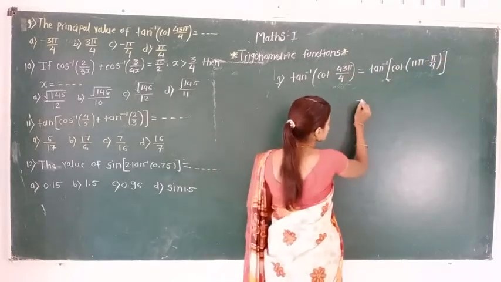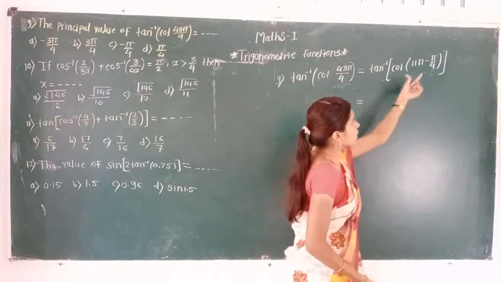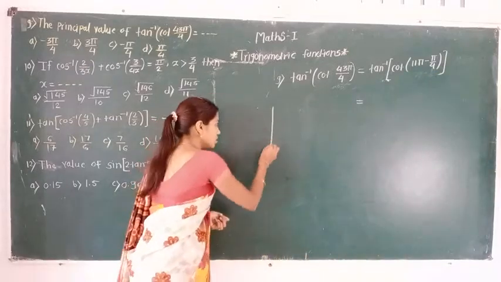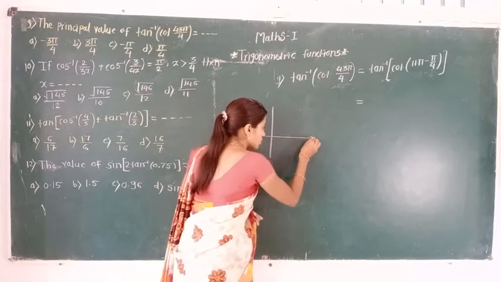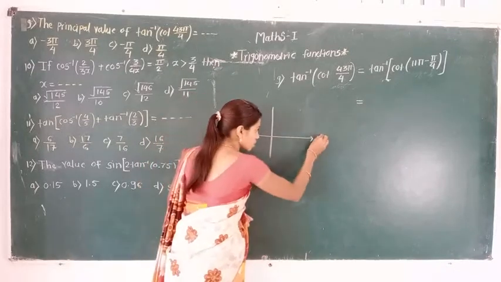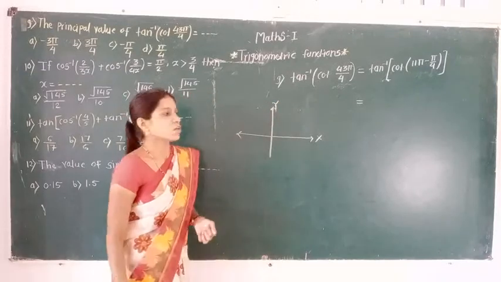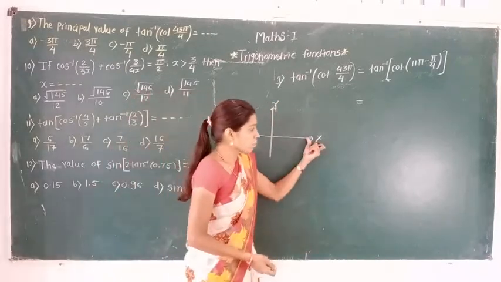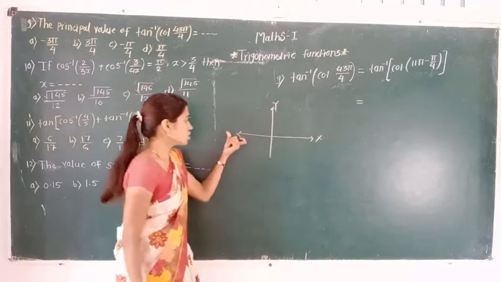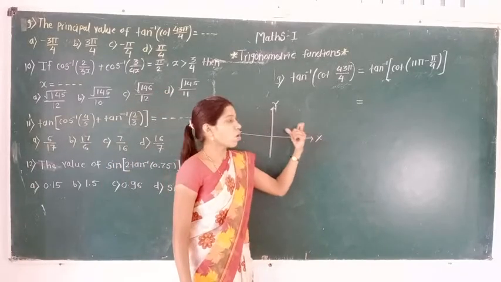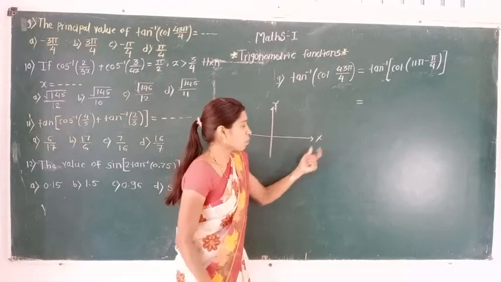Okay, so by using the allied angle formula, we know that in the rectangular coordinate system, here is the x-axis, here is the y-axis, and the odd multiples of pi lie on the negative x-axis and the even multiples of pi lie on the positive x-axis.